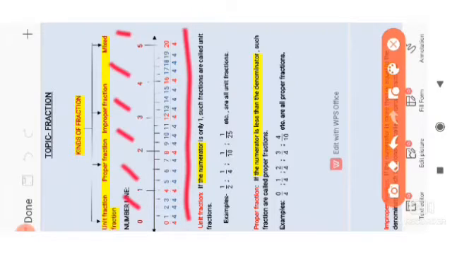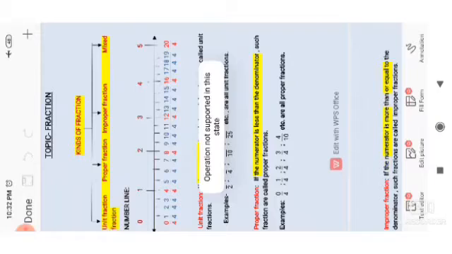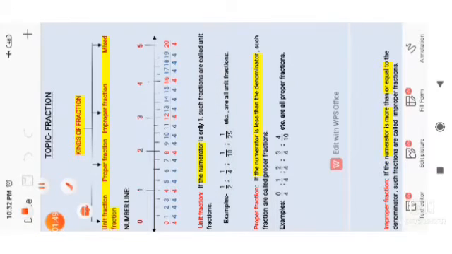Now, the numbers which are written on the top, that means 0, 1, 2, 3, 4, 5, are called whole numbers on the number line. And the numbers which are written on the bottom, they are fractional numbers. Now, these fractional numbers can be defined in different ways.